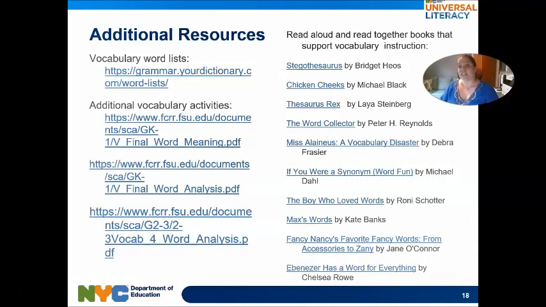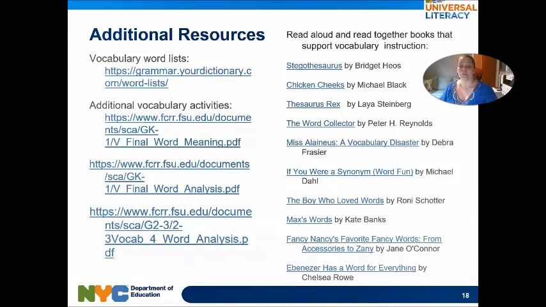So the read aloud and read together books that support vocabulary instruction are Stegosaurus by Bridget Heos, Chicken Cheeks by Michael Black, Thesaurus Rex by Leah Steinberg, The Word Collector by Peter H. Reynolds, Miscellaneous, A Vocabulary Disaster by Deborah Fraser, If You Were a Synonym by Michael Dahl. And that book is actually one in a series of books called Word Fun Books.